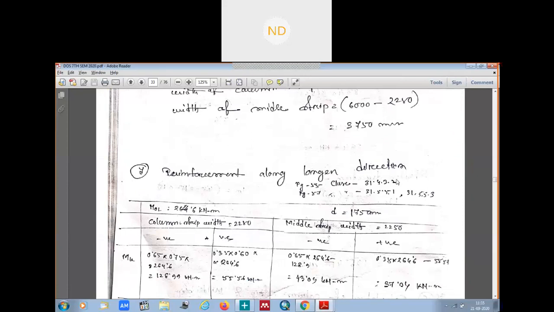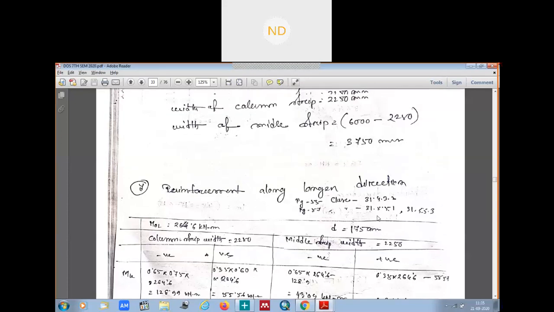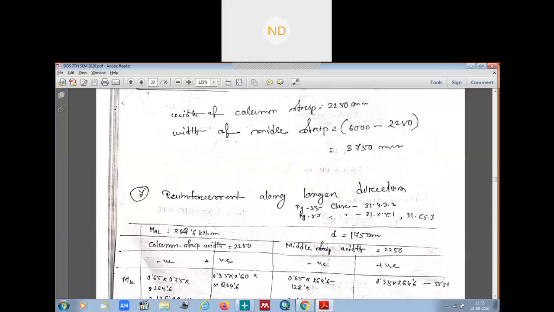Then we have calculated the depth, that is, this is the effective depth of the slab. Okay, I think maybe we have not calculated it in the previous step, but if I show you, we have to assume these things. Let me go to where we were in the first step.